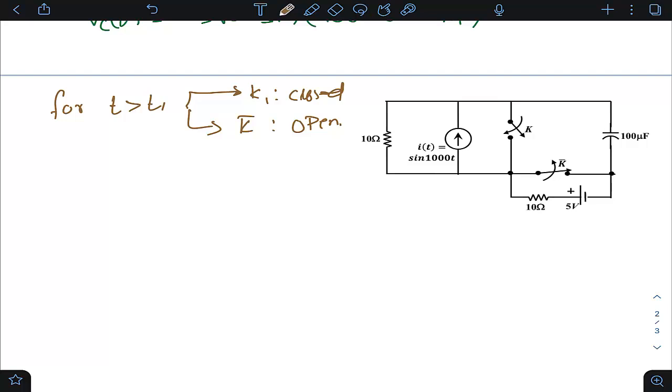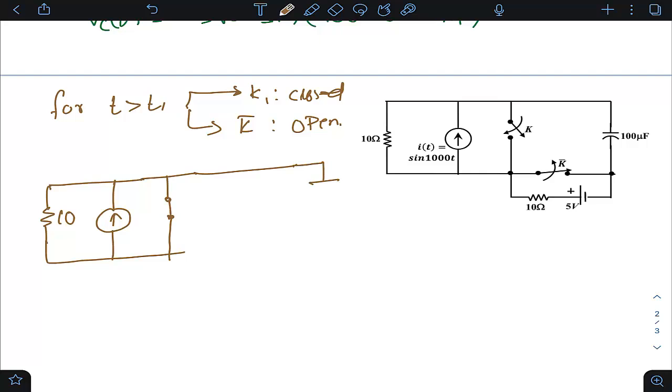The circuit will be: this is your 10 ohm resistor, this is the current source, and this K is closed. K is closed means this switch will work like a short circuit.